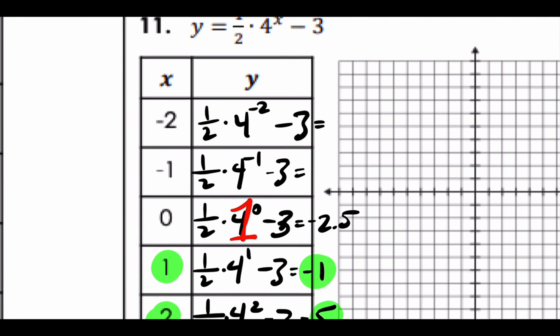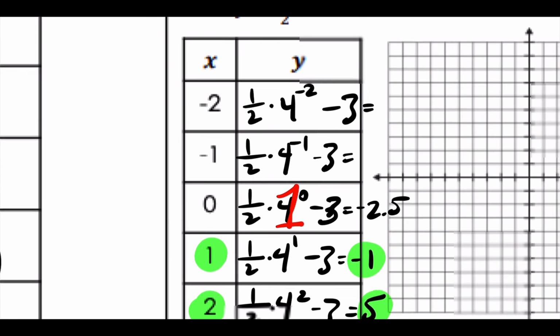Now we have the negative exponents. Anything to the -1 power just means you're going to flip it. So if I flip 4, what is it going to become? 1/4, that's all it's going to be. And what is 1/4 as a decimal? 0.25.